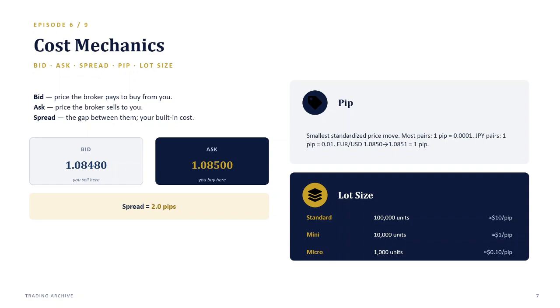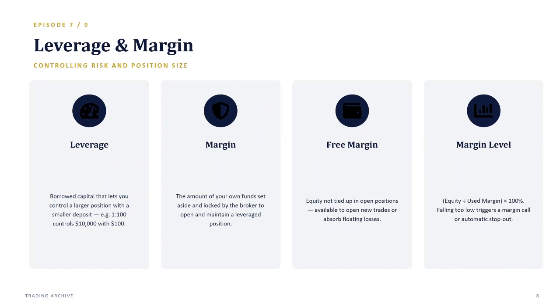A mini is a 0.1 lot size, which is 10,000 units, equivalent to $1 per pip. A micro is 1,000 units, which is 0.1 dollars per pip. You'll be seeing the 0.01 as we go on further.